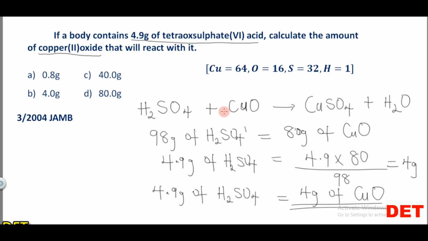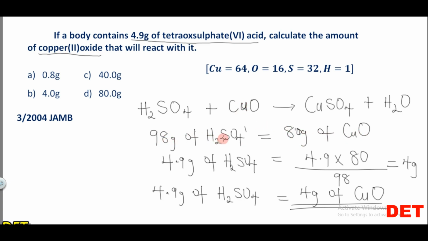So the first thing that you should know is how to write a balanced chemical equation. Of course, this is a neutralization reaction and you expect salt and water to be formed. Then you calculate the mass of the acid here, which is 98 grams, and the mass of copper(II) oxide here, which is 80 grams.